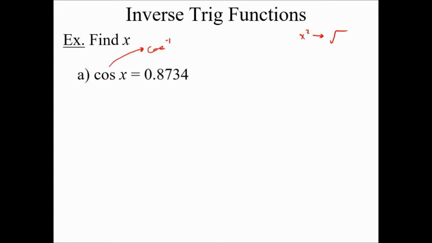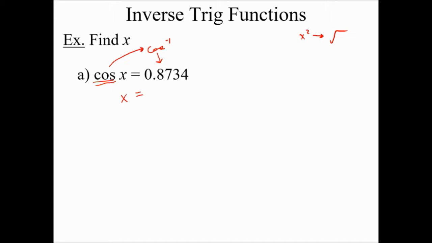Now, our calculator is going to do this for us. To get the x by itself, we want to undo the cosine on both sides. When I do the opposite of cosine on the left side, it makes this cosine go away, so I'm left with just x.